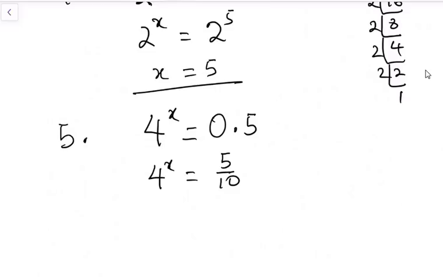So what is the common factor here? We have 2 raised to the power 2x, and then we have 1 over 2.